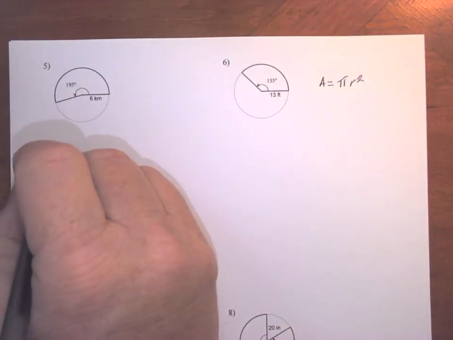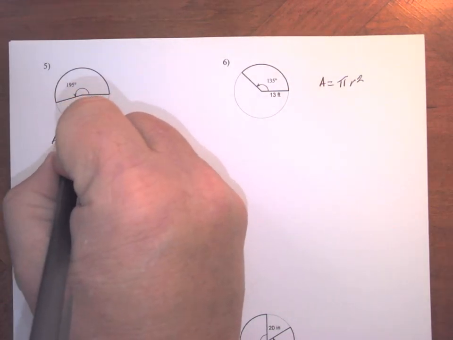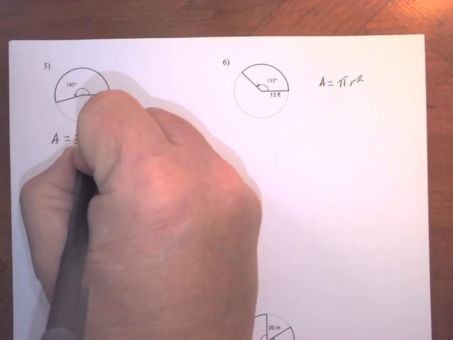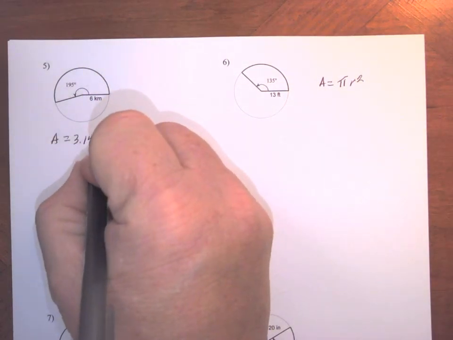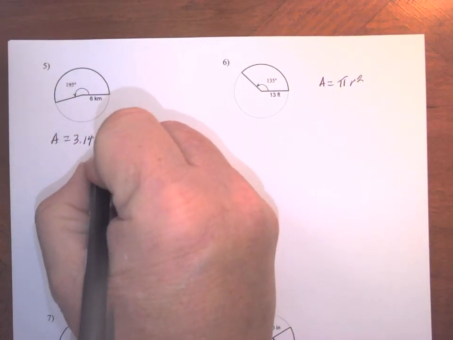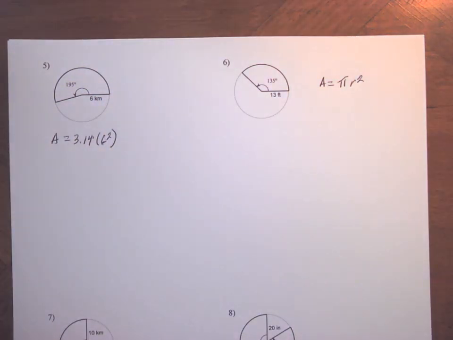So area is, and we're going to use again 3.14 times the radius squared, which is 6 squared. Okay? And we make that calculation.